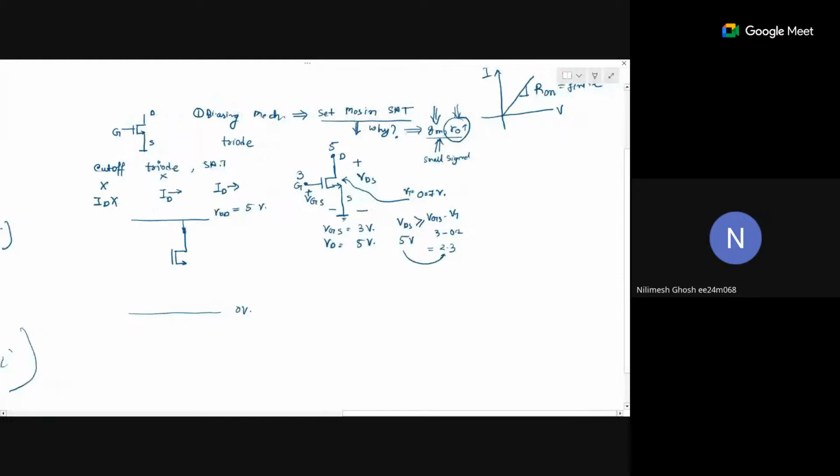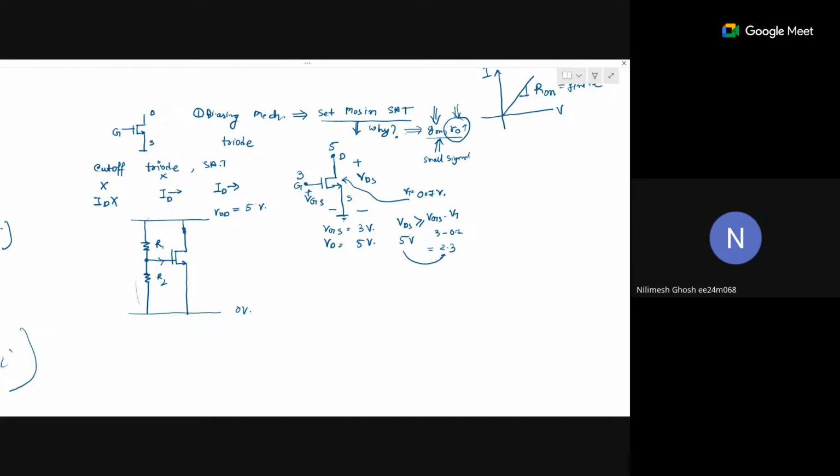Now, this is the organization we have. For the biasing circuit, we use this only. So we have R1, R2, and this is VDD. This is a simple voltage divider because no current will pass through here, because for the MOSFET, we know that the gate current is 0.